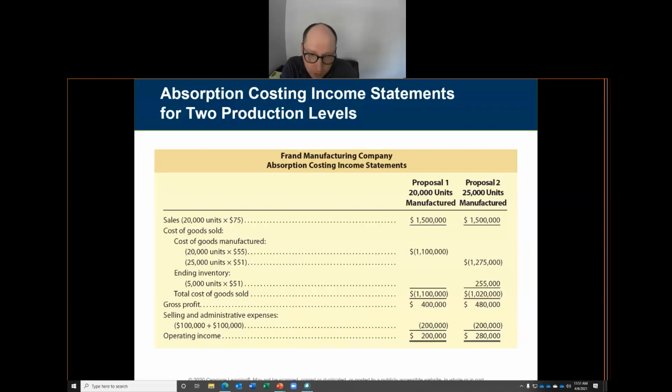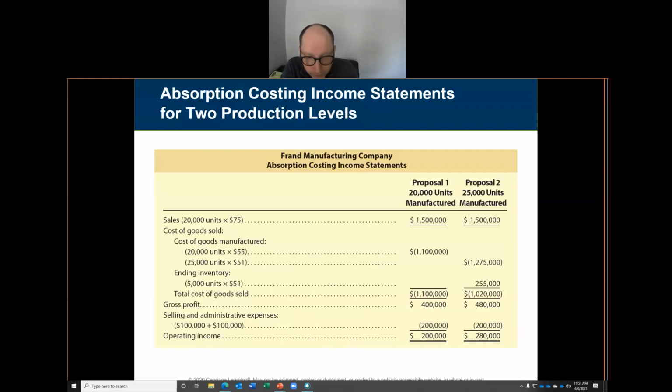Here's where they start to get different. Cost of goods manufactured is $55 per unit under proposal 1, 20,000 units. Under proposal 2, we're going to make 25,000 units at $51 a unit.